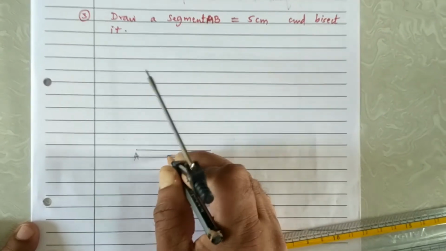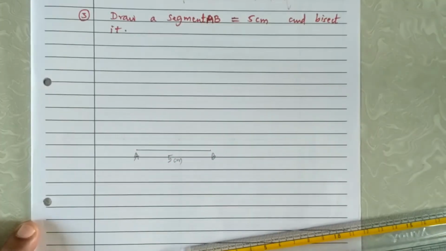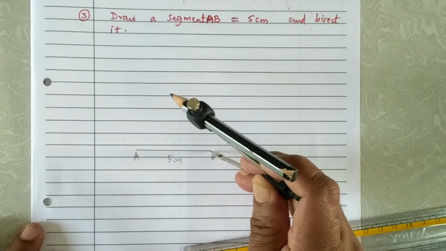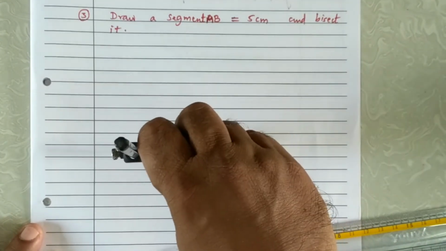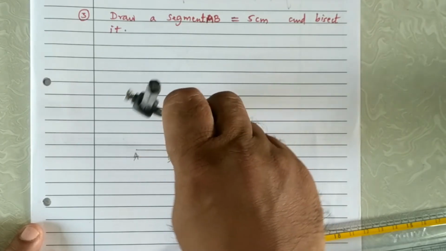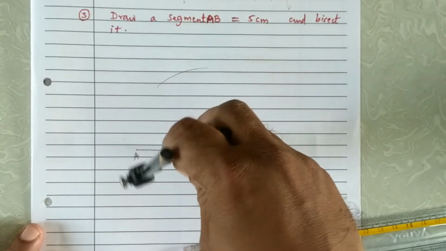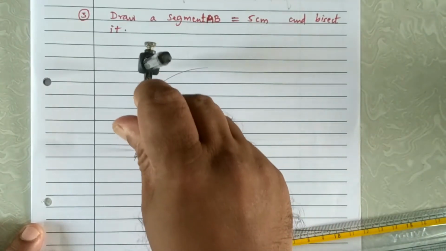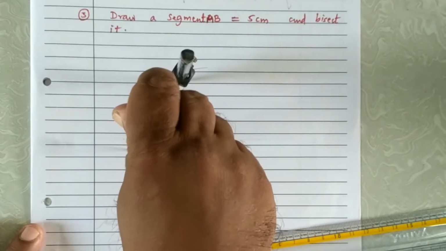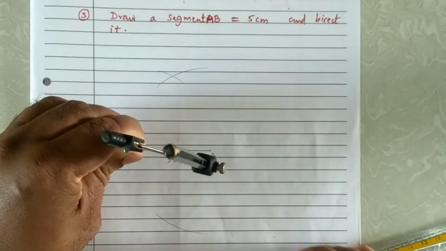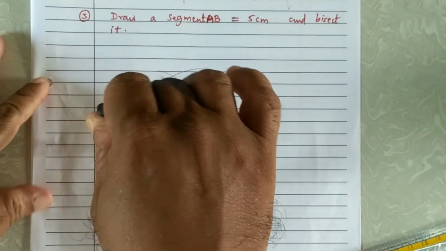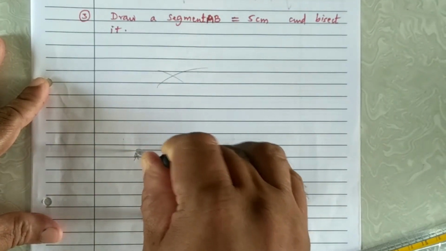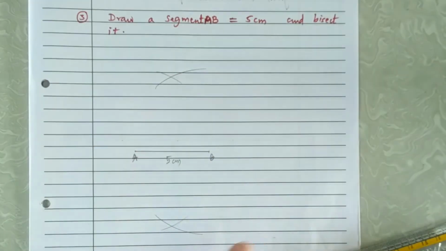Now keep the pointer of the compass at B. Take more than half the distance of AB and draw one arc above the segment AB and one arc below. Then keep the pointer at point A of the compass and cut both the arcs below and above the segment AB.